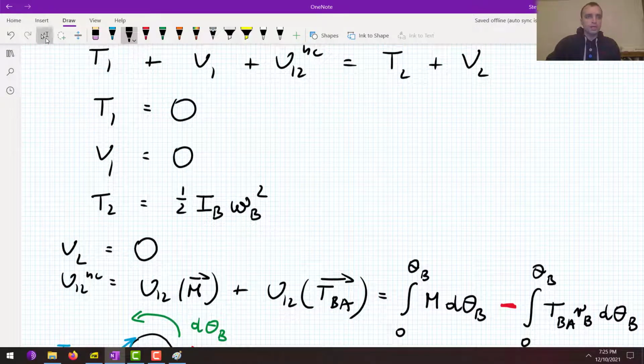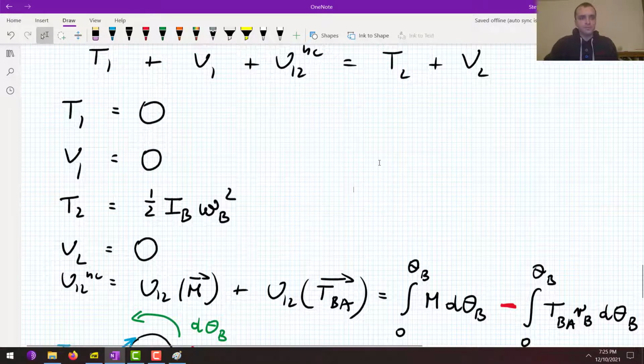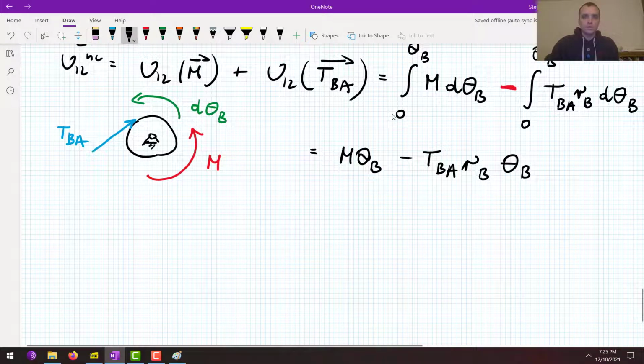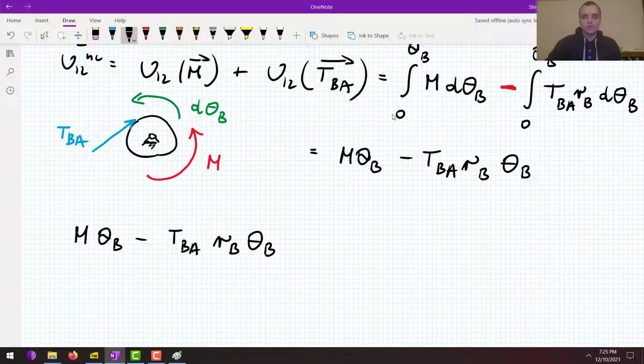We can plug everything back into our original equation. So we will end up with M theta_B minus T_BA R_B theta_B, and this is equal to 1/2 m_B k_B squared omega_B squared.